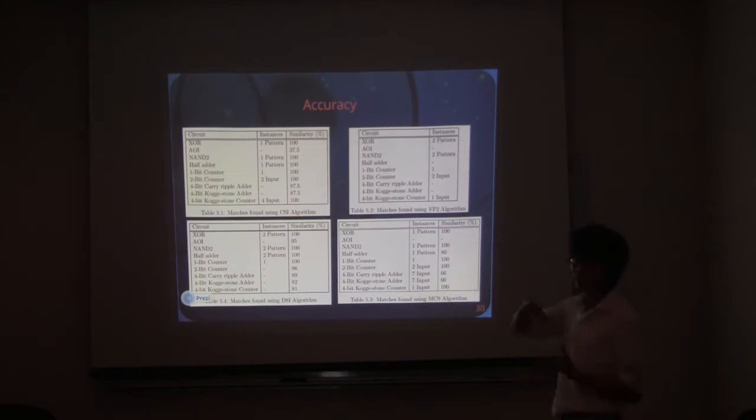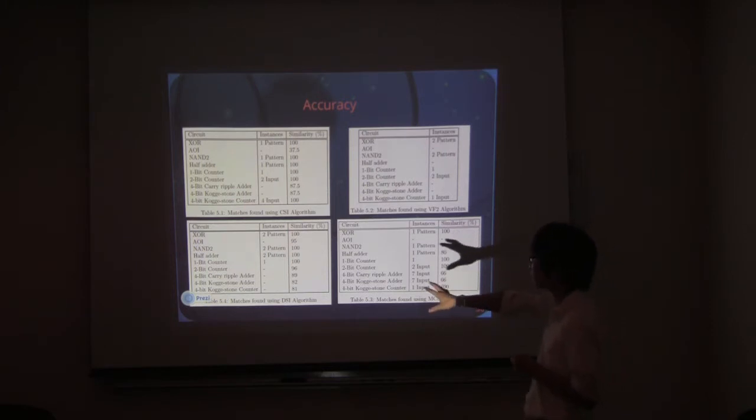However, with DSI, because all the patterns are initially decomposed, all you can really search for is the subgraphs and not the supergraphs of the input. So that's one place where the accuracy is kind of lacking.